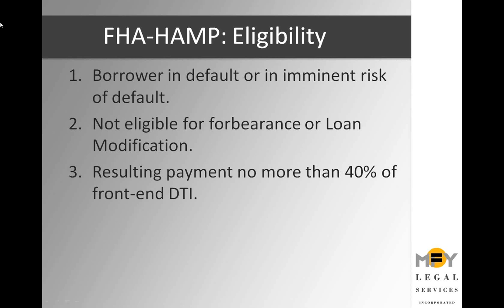And the resulting payment under FHA HAMP must be no more than 40% front-end DTI. So this means that the housing costs, including the principal and interest payment on the loan, the property taxes, the homeowner's insurance, and the FHA mortgage insurance, must be no more than 40% of the borrower's gross monthly income.